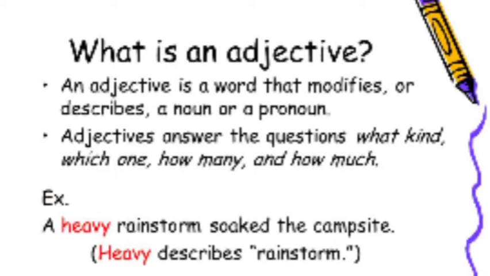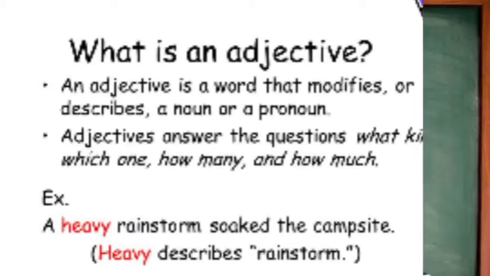An adjective is a word that modifies or gives extra information about a noun or pronoun. It also answers questions like what kind, which one, how many, and how much. For example, words like big, small, good, bad, cruel are all examples of adjectives.